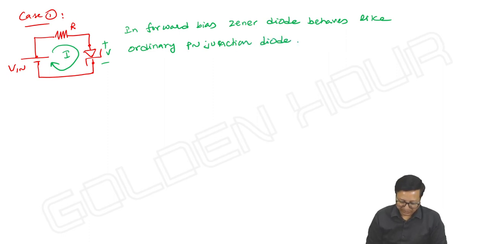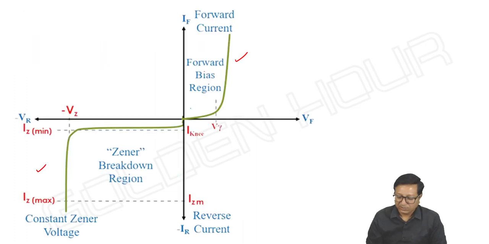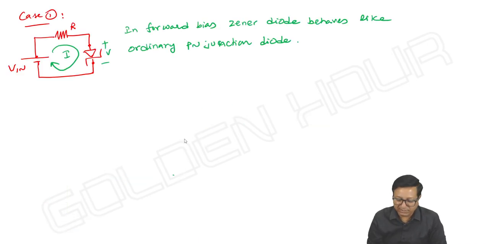Very simple statement. And the characteristics are like this. Ordinary PN junction diode, V gamma. So voltage across the diode V is greater than V gamma.